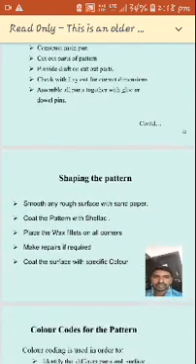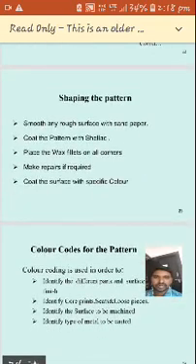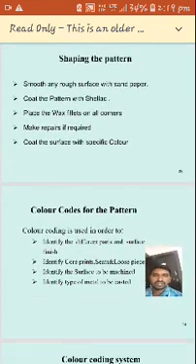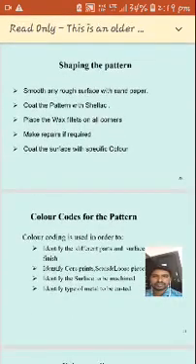Smooth any rough surface with sandpaper. Coat the pattern with shellac, place wax fillets on all corners, make repairs if required, and coat the surface with specific colors. Like that we can shape the pattern.